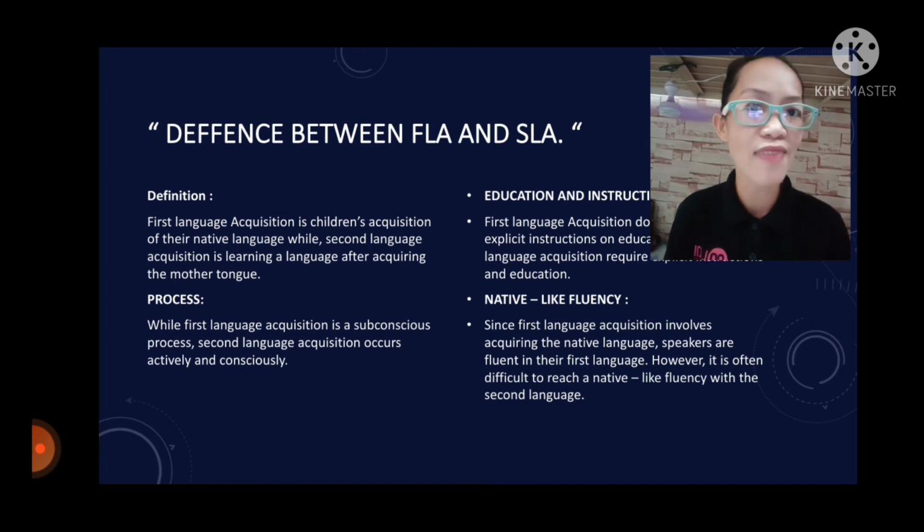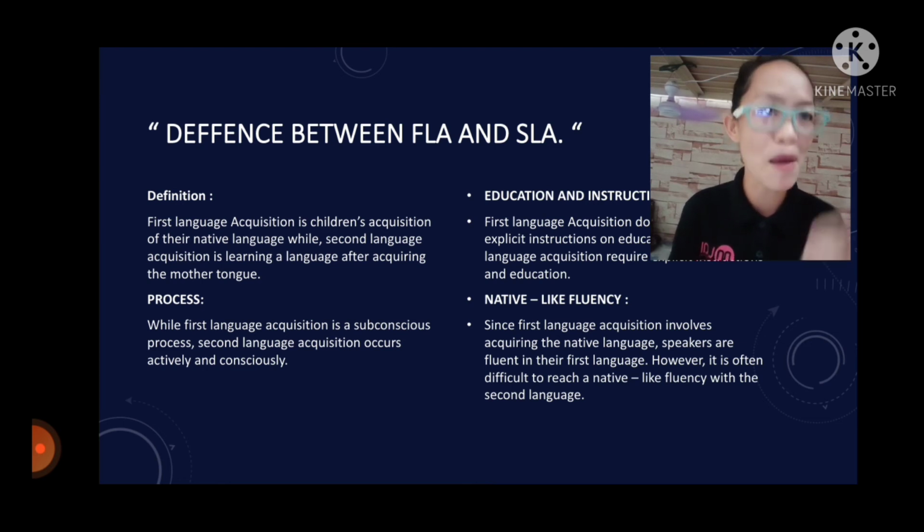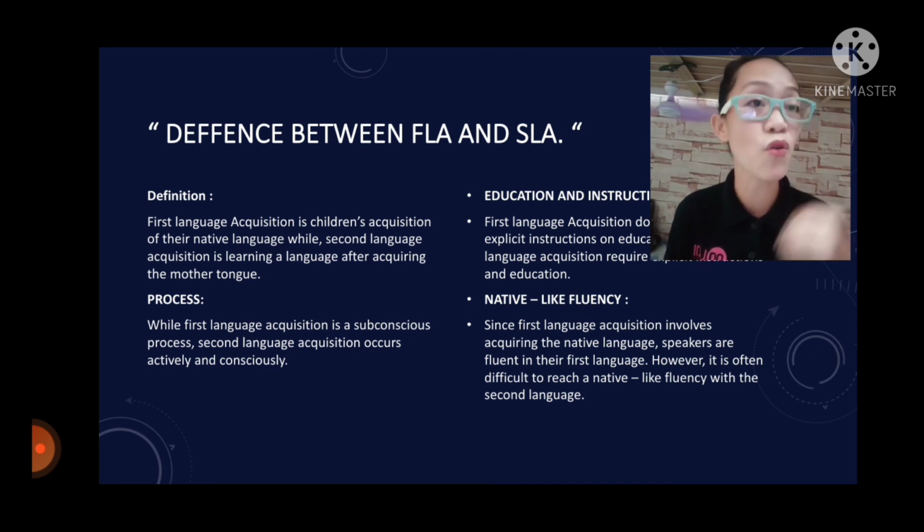It means that the first language acquisition is subconscious. It means that you didn't learn it from school. It happens to you. But the second language acquisition occurs actively and consciously. You learn it. You practice it. That is not your native language.